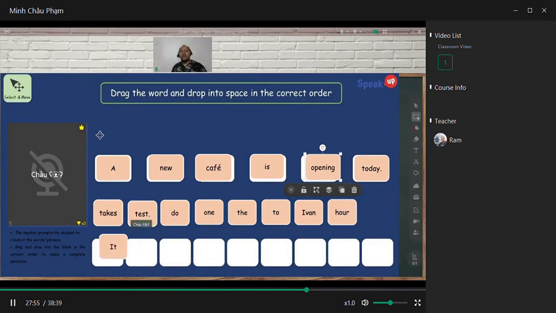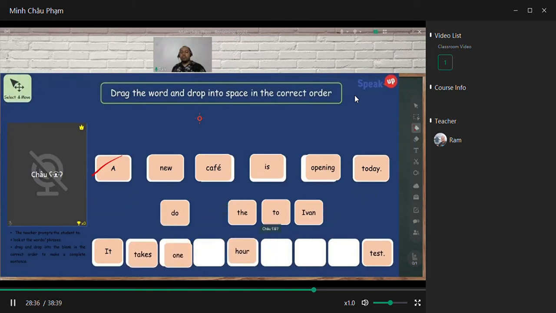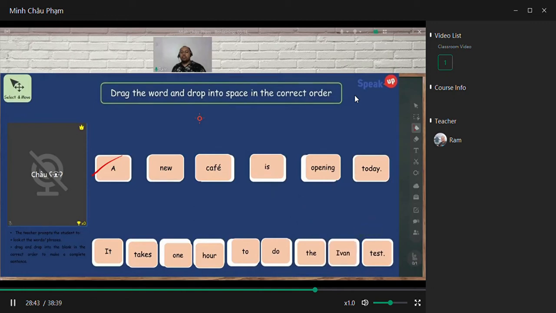Okay, yeah, you can just put the words on the blank provided to come up with the correct sentence. All right, so the first one is correct. Oh, that's too long. It's very close, but is that your final answer?